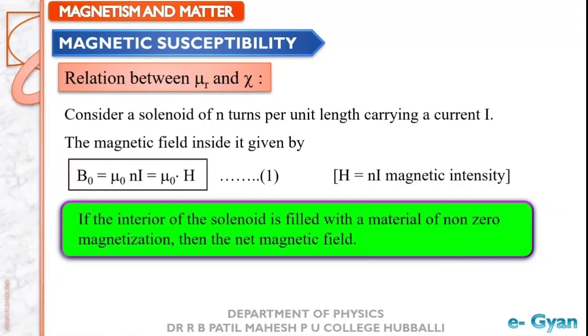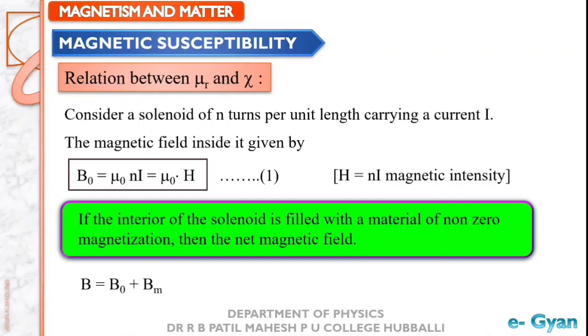If the interior of the solenoid is filled with a material whose magnetization is non-zero, that means it is already magnetized, it can create an extra magnetic field. In that case, the net magnetic field inside the solenoid will increase.